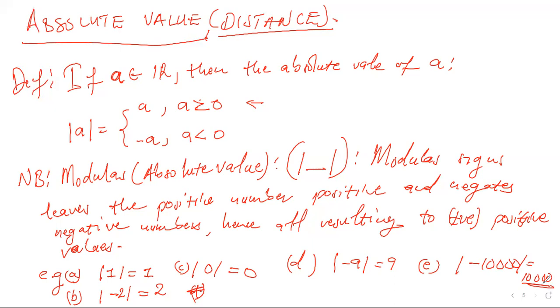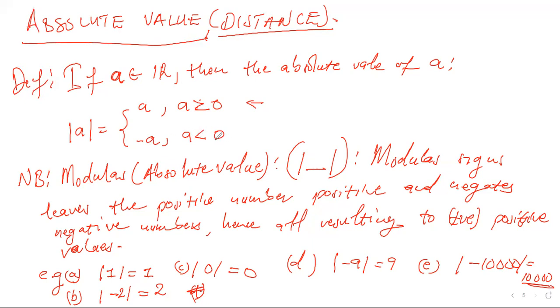So now I have to include something upon properties of absolute values. I guess it's easy here, there is no problem. So let's go ahead to properties. Let me rewind. We say that if A is a real number, then the absolute value of A, represented as modulus of A, is equivalent to A if A is 0 or positive, and it's negative A if A is less than 0.